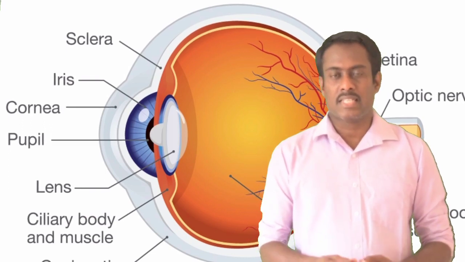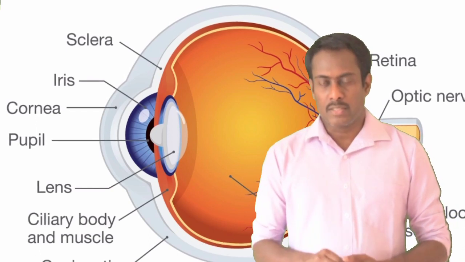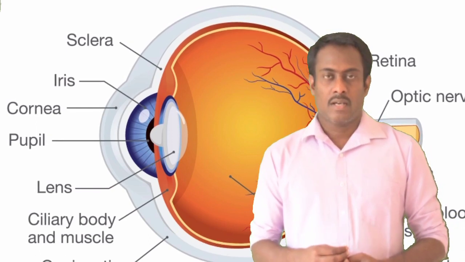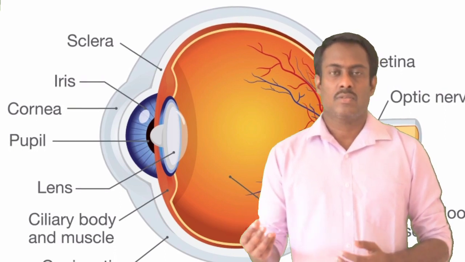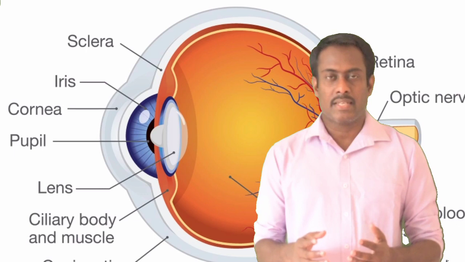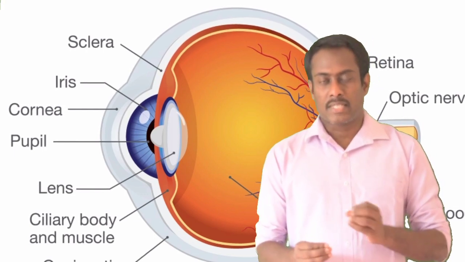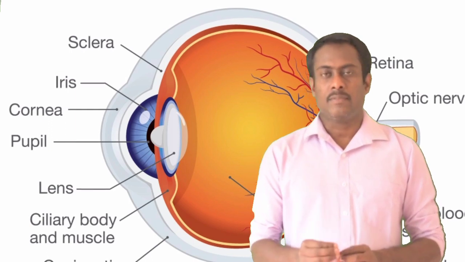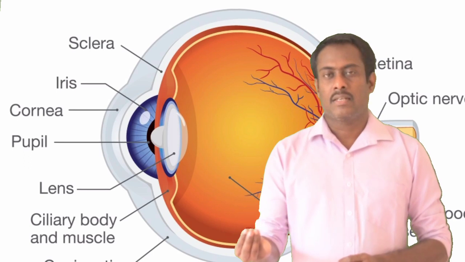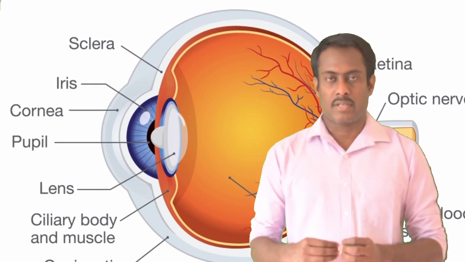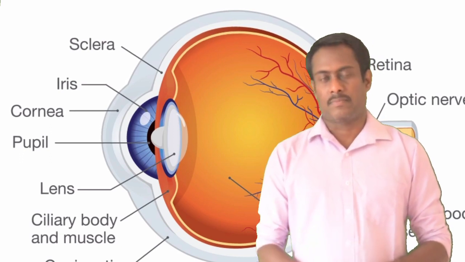These electrical signals are transferred to the brain through the optical nerves. The brain interprets these electrical signals, processes and analyzes the information, and finally we perceive the image as it is.